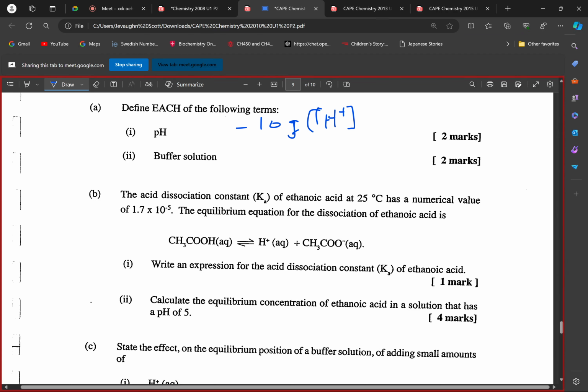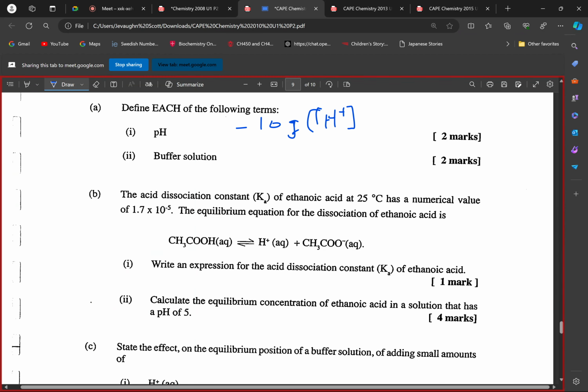Solution. Go ahead. Sir, a buffer solution is a solution that resists drastic changes in pH when adding small amounts of acid or alkali.